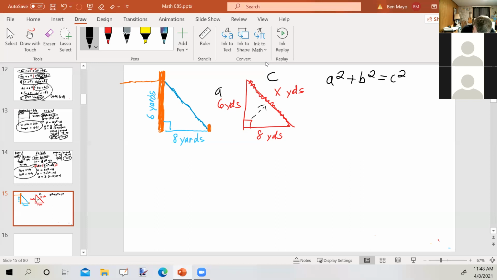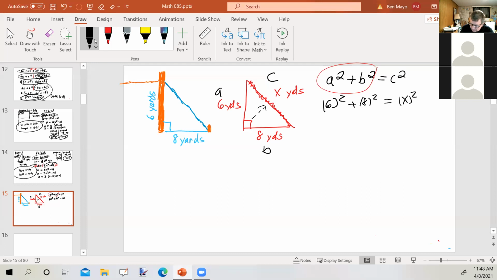And one of those is A and the other is B. Since addition is commutative, it doesn't matter which leg we call A and which leg we call B. What does matter is that C is the longest side or the hypotenuse. Okay, now taking the information that's given, we have the following. A squared is 6 squared. B squared is 8 squared. C squared would be X squared. Okay.